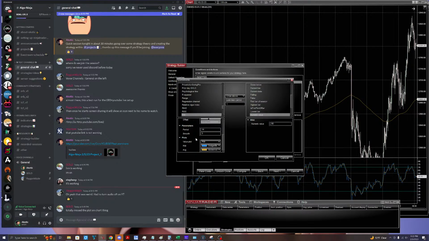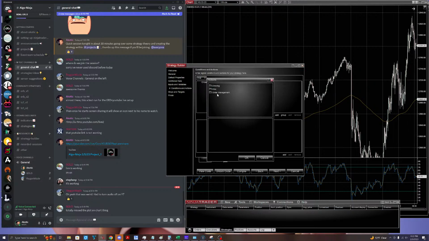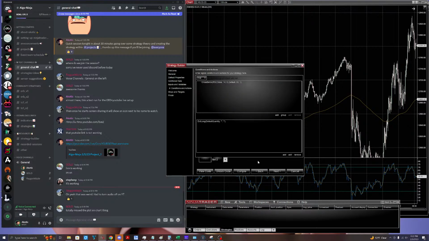It looks like I forgot to choose plot, so we're going to check mark the plot. RSI crosses below the 50 line, and make sure the value plot is right. Go to our order management, and now we're just going to choose exit long position. And that's it. So I'm going to go ahead and compile.